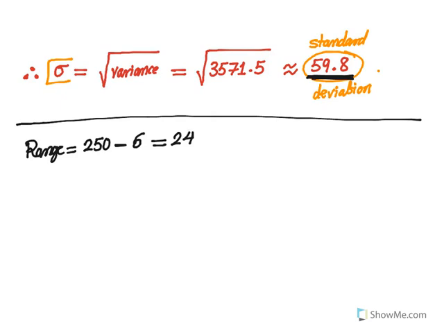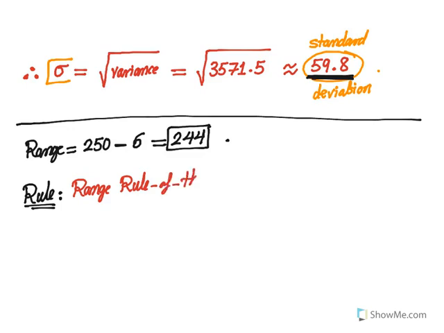and this will give you 244. We all know how to compute the range, but the idea that I'm trying to tell you here is that there is a rule or a way that statisticians use. It's called the range rule of thumb. And what does the range rule of thumb say?